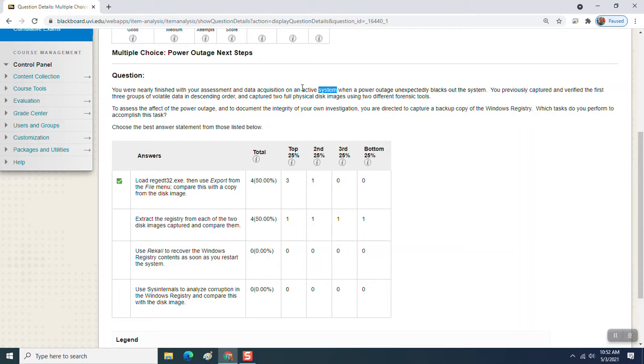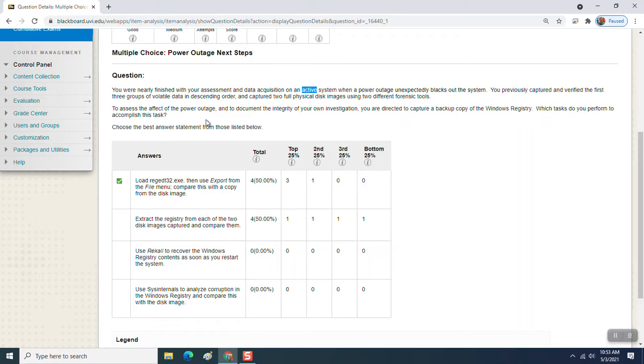What we want to do is compare to see if the power outage scrambled the eggs on the registry of the running system. So you basically have to use a copy from the disk images, yes, but you need to work with the live system. So one of the copies for the comparison has to come from the active system, not just from the copies, if that makes sense.